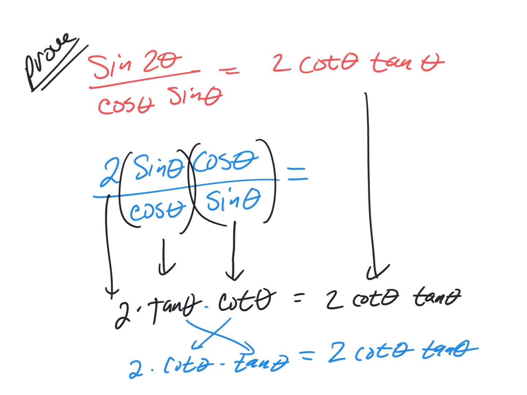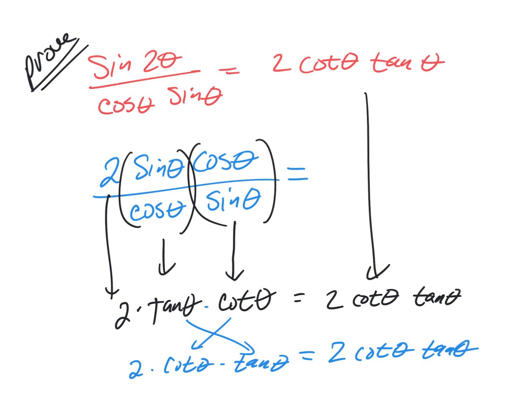Question? Could you also cancel out the sine and cosine and say 2 times tangent over tangent, turn that into tangent times cotangent? Isn't that what I did? I'm confused about how my blue turning into my black isn't the same thing as what you just said.